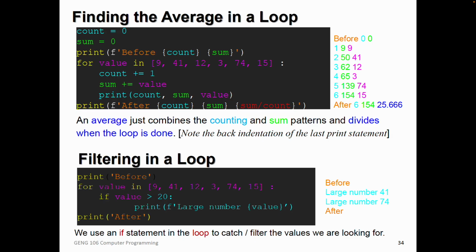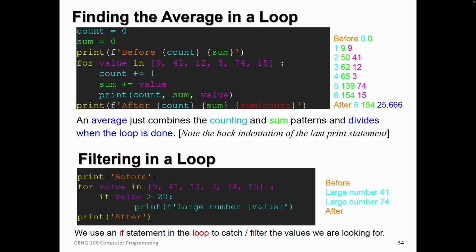Well, again, I will just go over my list, for value in my list, and then I will put one if statement there, which is: if the current value is greater than 20, print some message. Before we start, let me emphasize something.